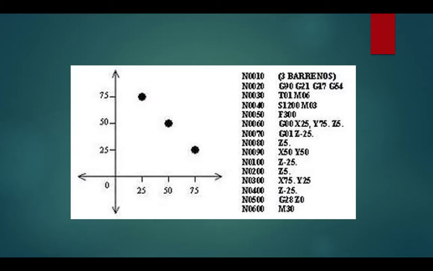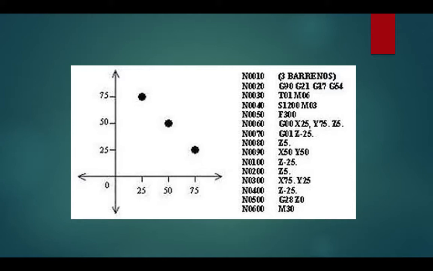This is an example for a machine where you want to make some holes. So as you can see, each line ends with a number.